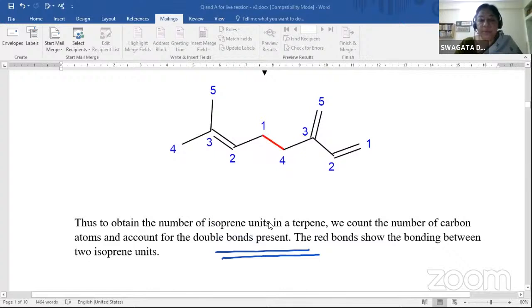To obtain the number of isoprene units in a terpene, it is best to count the number of carbon atoms and account for the number of double bonds present, and that would give us an idea of how the connectivity is in the isoprene units in a terpene.